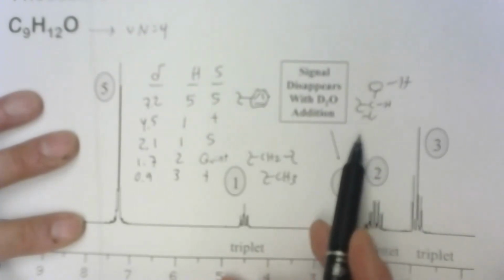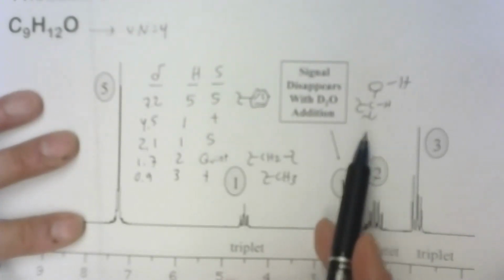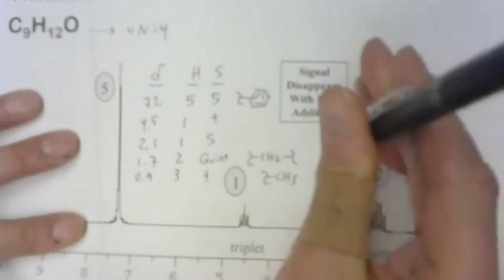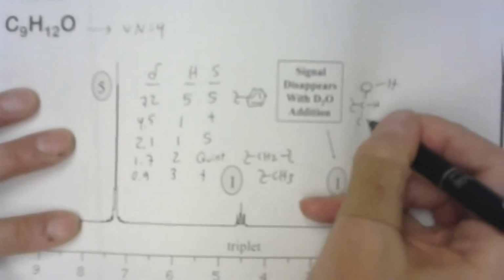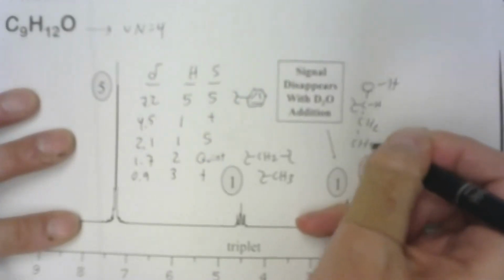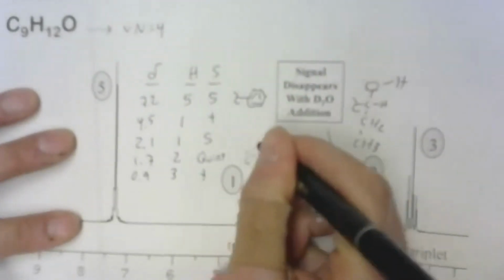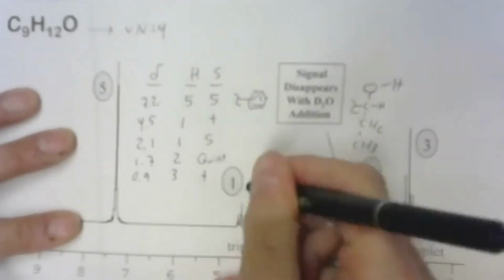So oh wow, I have 1, 2, 3, 4. So the CH2 must be connected to the CH, and the CH3 is on the other side. So it really becomes CH2, CH3, CH2, CH3. So that quintet really helped us.